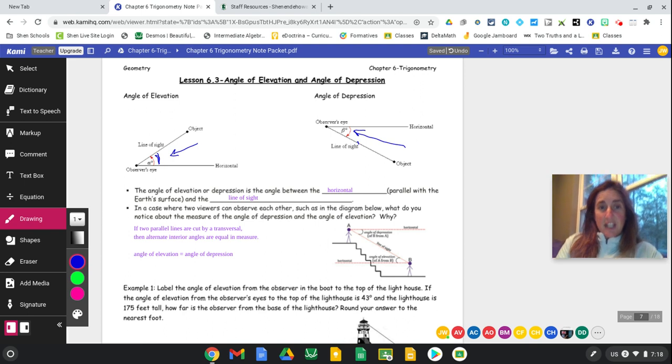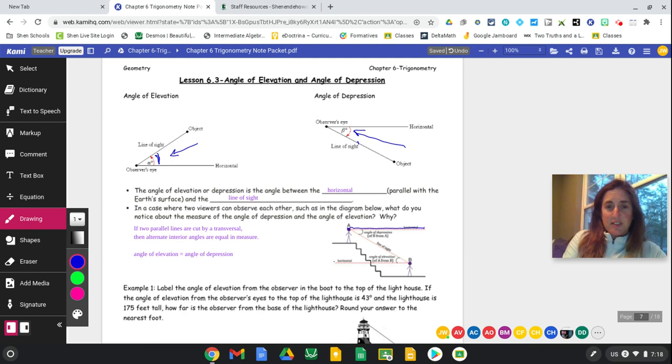Now, the cool thing is, if you were standing at the bottom of the stairs and someone was at the top of the stairs and you guys were looking at each other, if you drew in your horizontals and then looked at your line of sight, those horizontals are going to be parallel to each other.